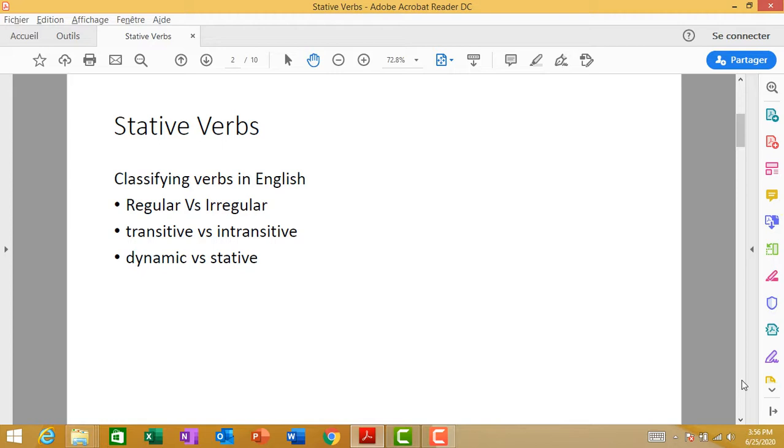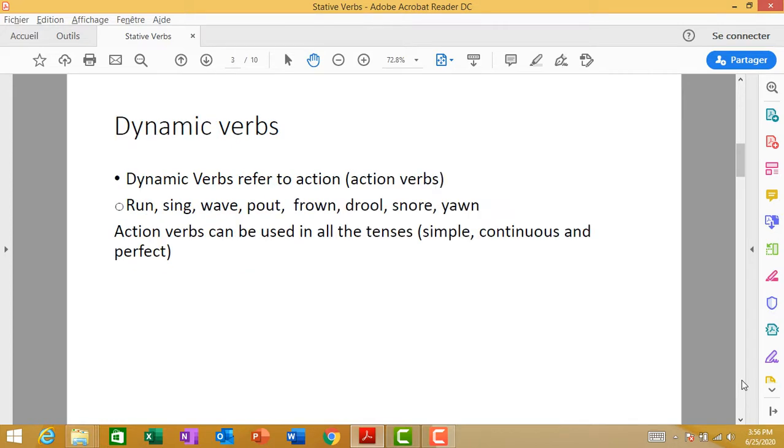This is another way to classify them. Now that I've said that, I think it's going to be pretty easy for you to guess what the particularity of stative verbs is.